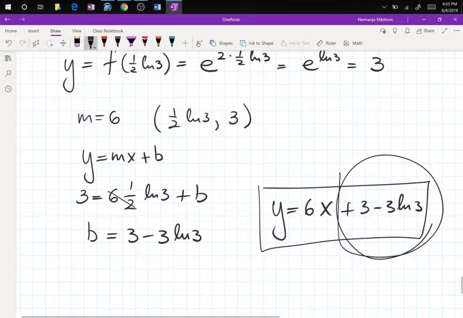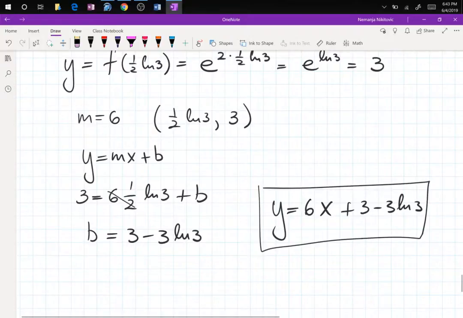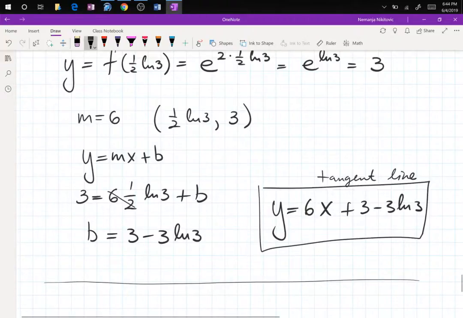You can actually compute this as a decimal, and you would have it in the form y equals mx plus b. I'm going to leave it this way because this is the exact answer. So we can find the tangent line by using chain rule as well.